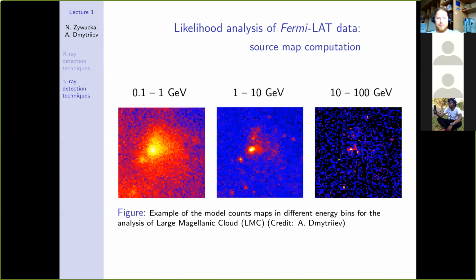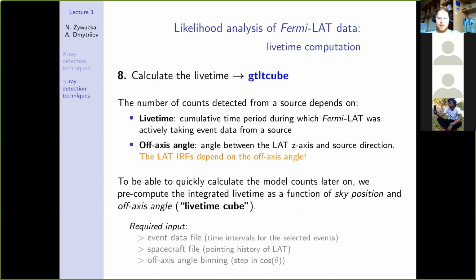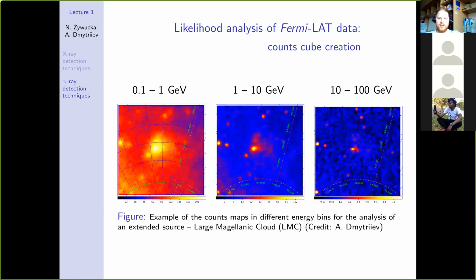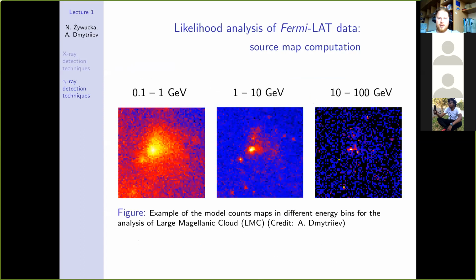For instance, this is how these source maps look. These are artificial. This is what the model is predicting for our source, the counts. This is what is really observed, and this is how the model looks after we run the source map step.